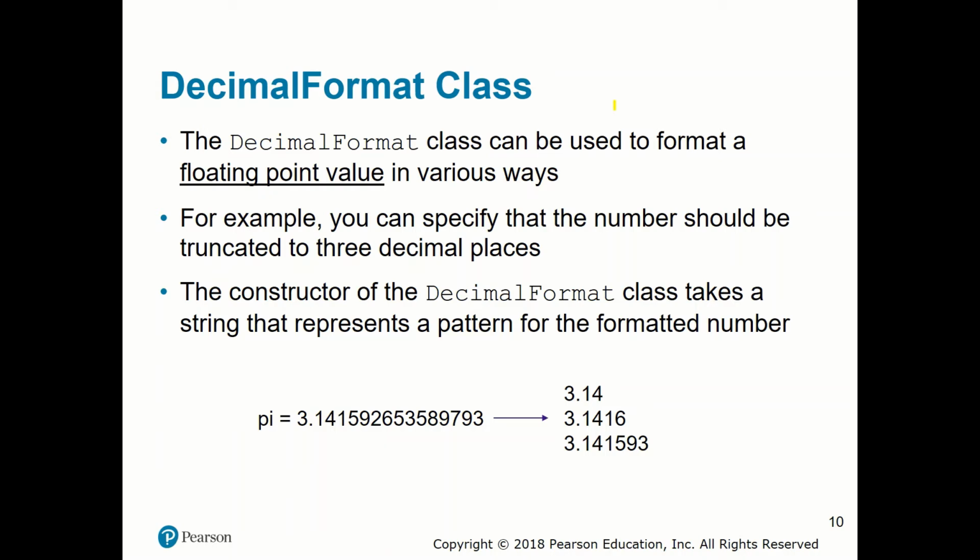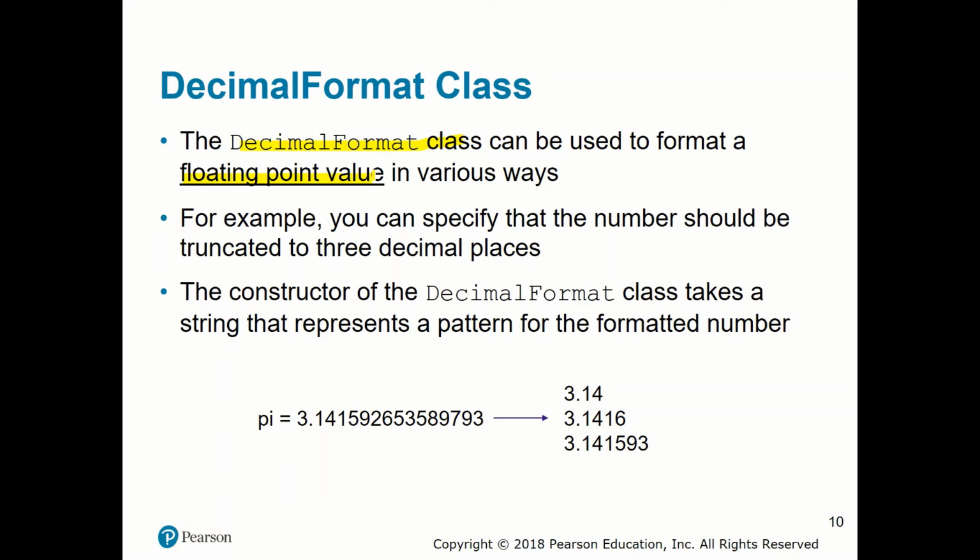I will introduce the DecimalFormat class. The DecimalFormat class can be used to format a floating point value in various ways. For example, you can specify that the number should be truncated to 3 decimal places. The constructor of a DecimalFormat takes a string that represents a pattern for the formatted number.